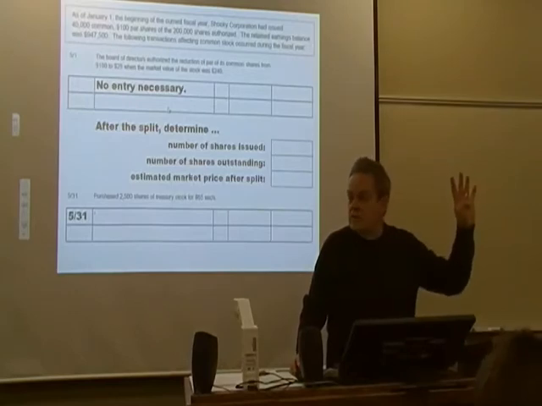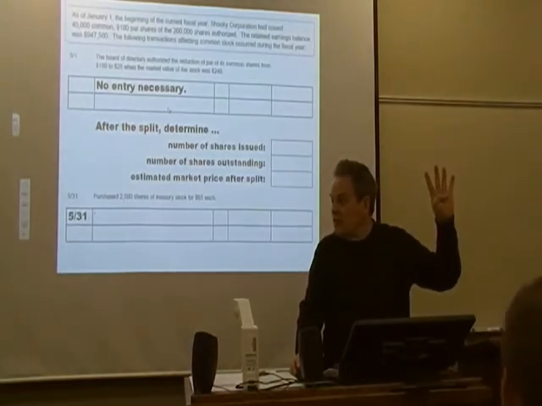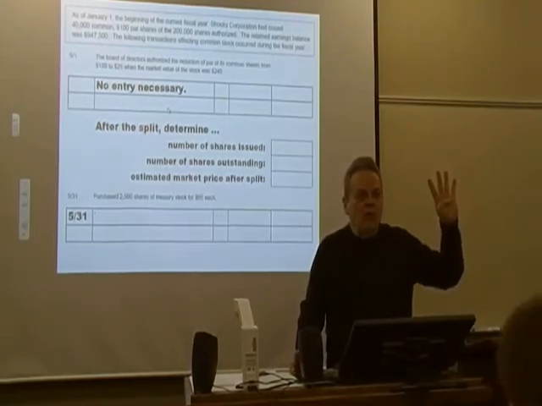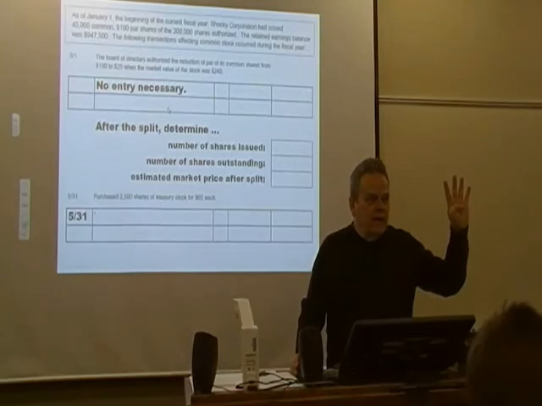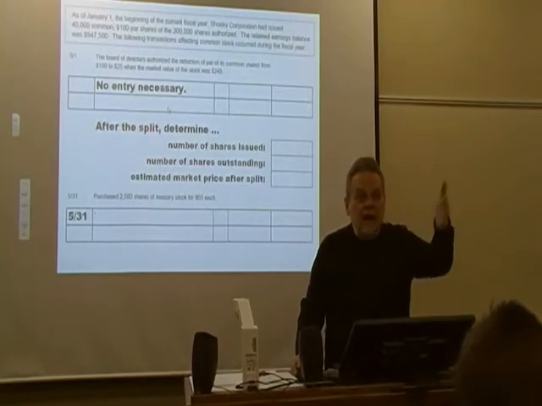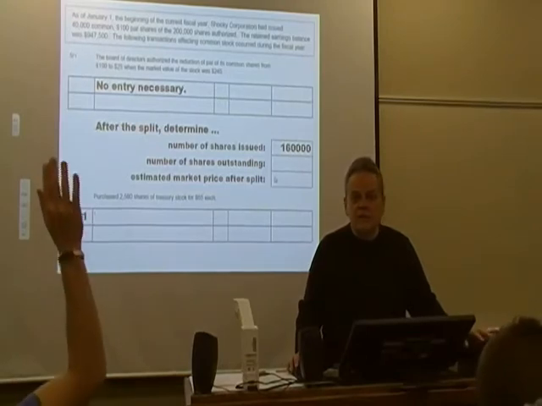There were 40,000 issued, weren't there? Didn't we determine that in the first paragraph? And if we split it 4 for 1, then how many shares are going to be issued after the split? 160,000. If you're not with me right this minute, you need to ask me.